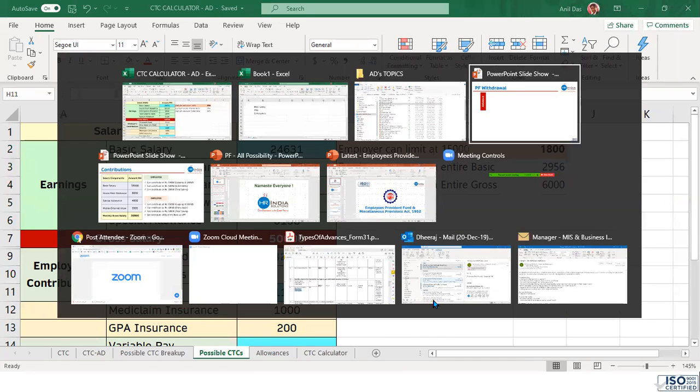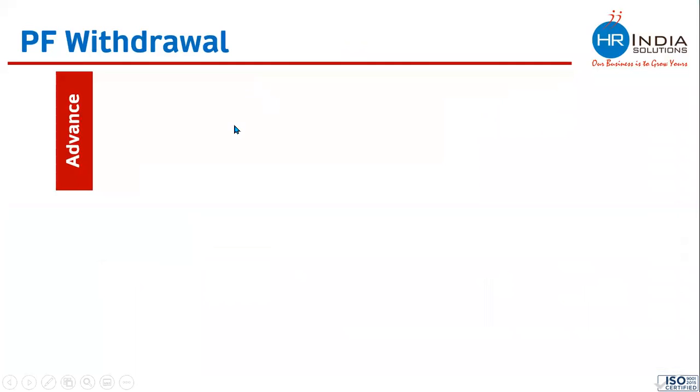Yes, sir. So before we enter into this PF withdrawal, which is slightly tricky, I hope we are clear on PF eligibility. This act is applicable to which all companies. We are also clear on which employees are eligible to be taken into provident fund, and on different rates and possibilities of PF contribution.